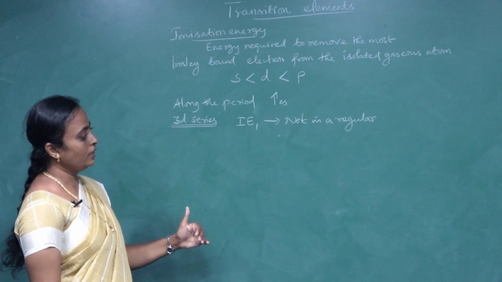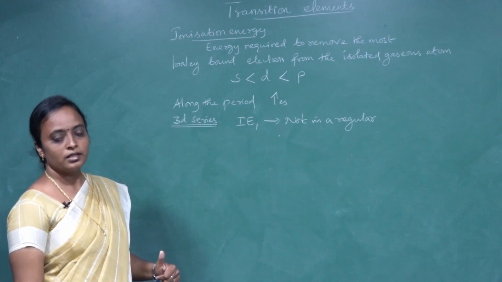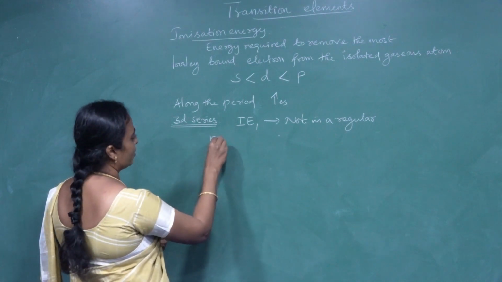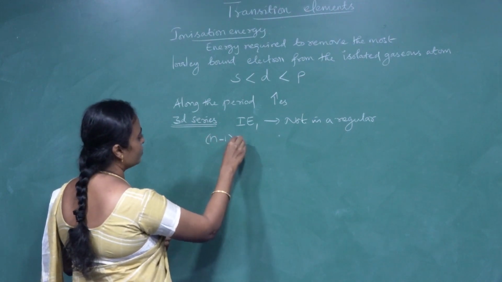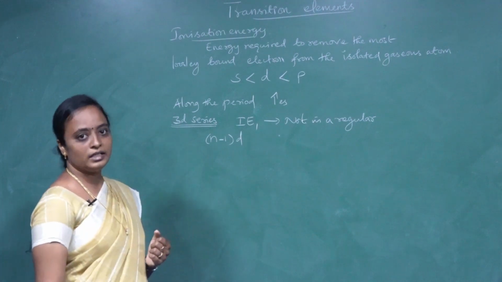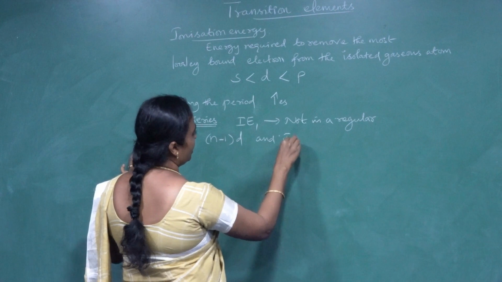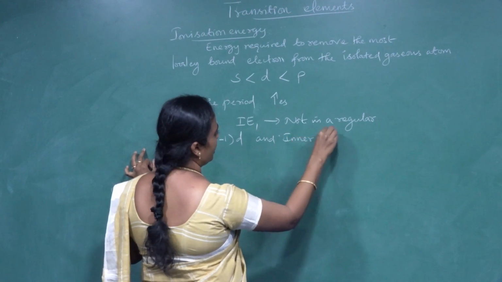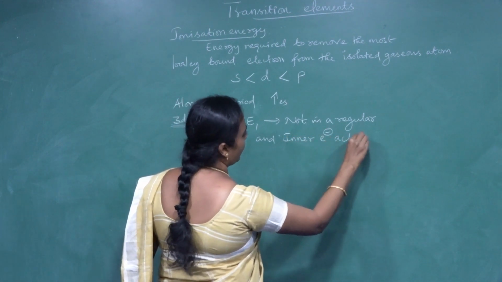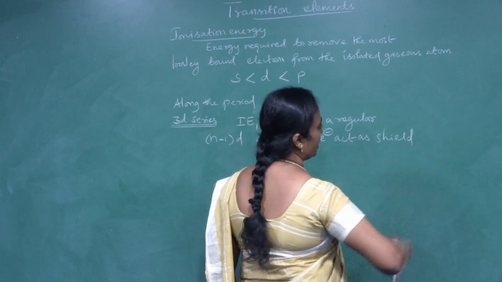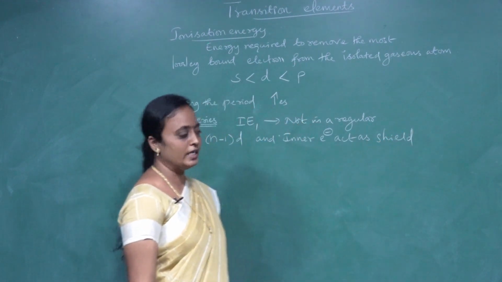In the 3D series, where will the extra electrons be added? The extra electron is only added into the n-1 d orbital, and that inner electron acts as a shield.